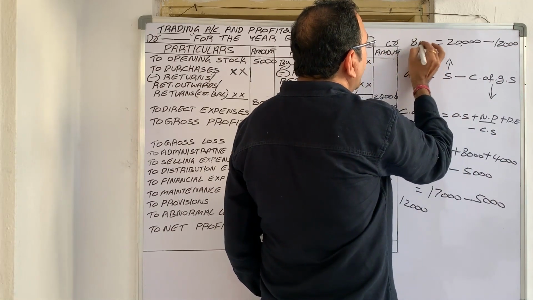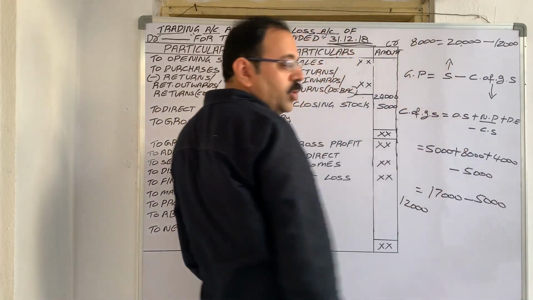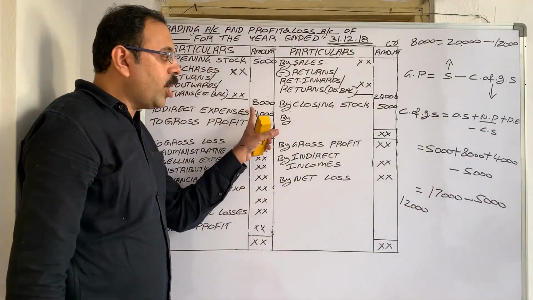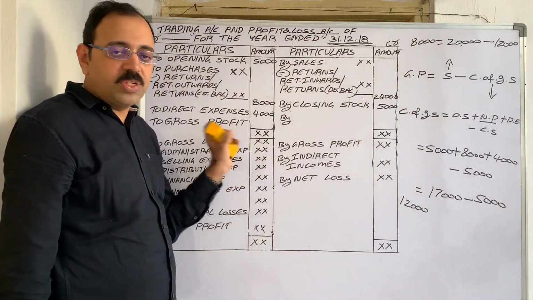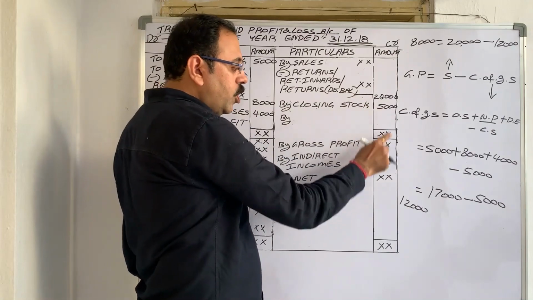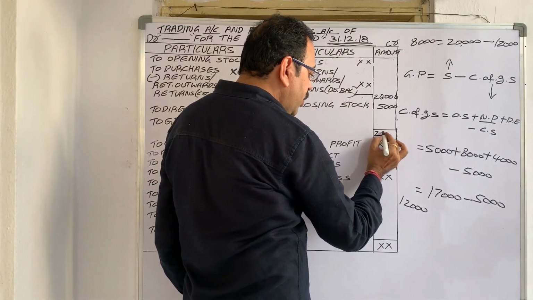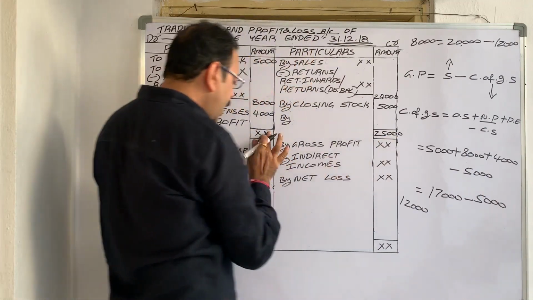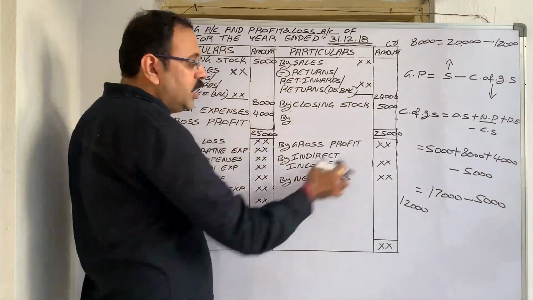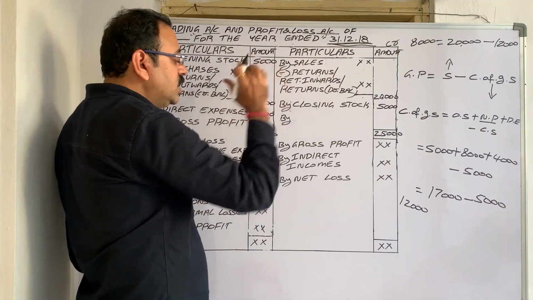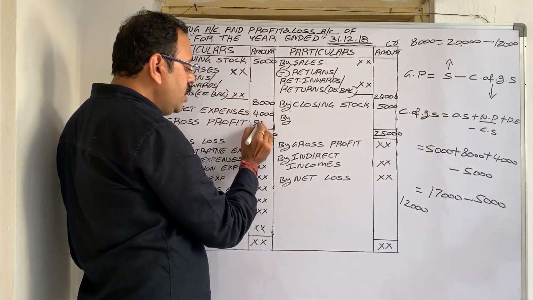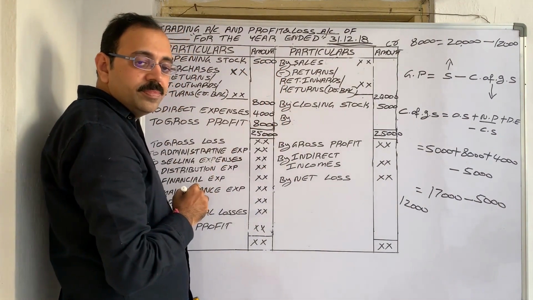Then gross profit amount is 8,000 rupees. In account form also you will get the same result. Observe. Credit total is more now. Credit total is 25,000 rupees. Write down the same amount. 25,000 minus 17,000 is equal to 8,000 rupees.